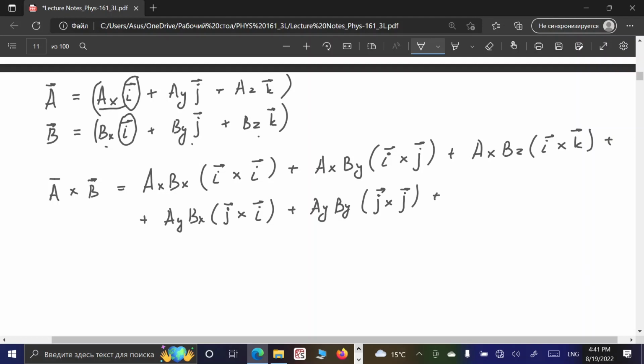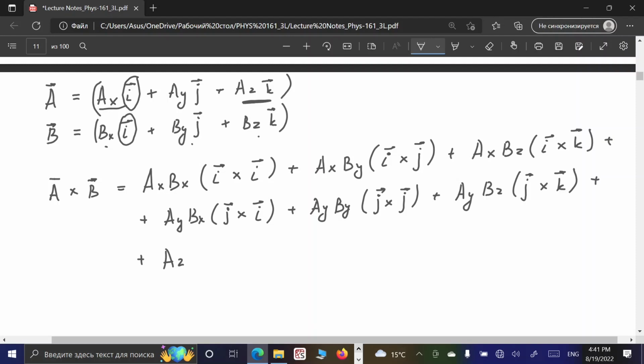plus ay times bz, j unit vector cross product k unit vector, plus, now the last term here, az times k unit vector.